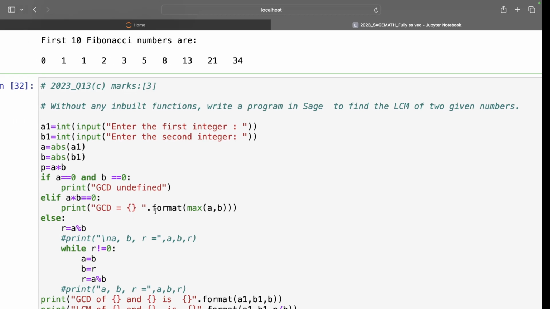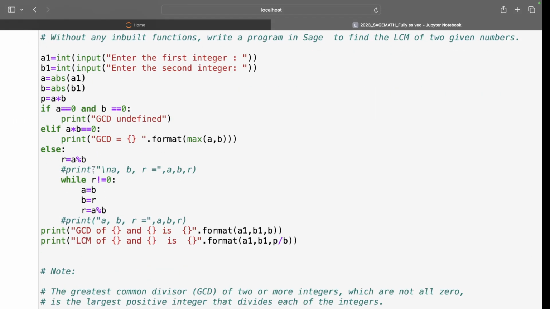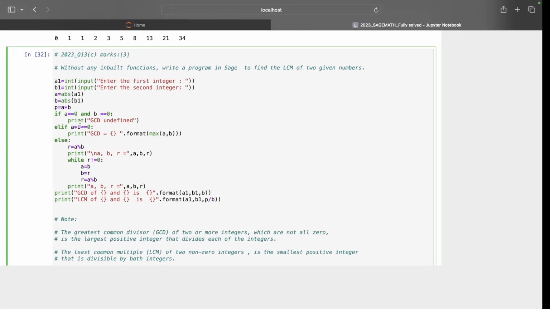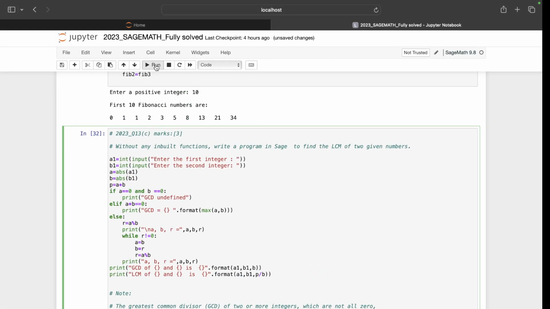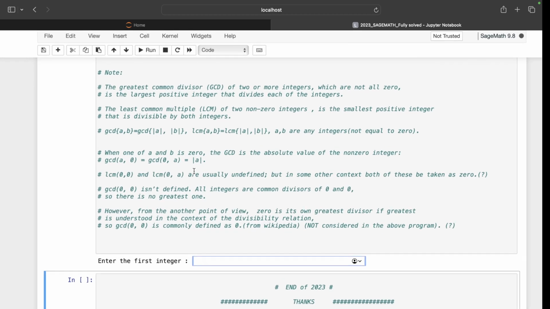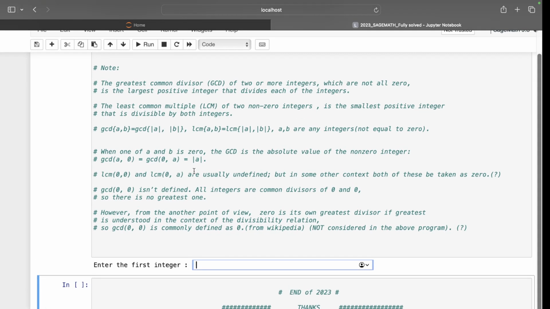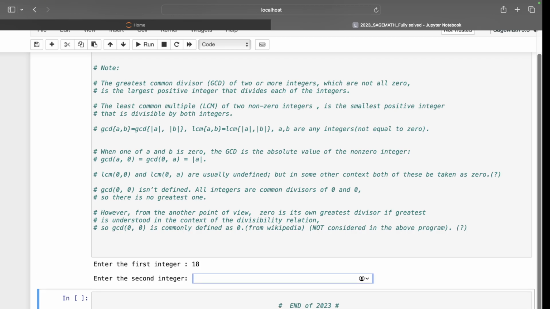Now if we remove this hashtag in the print line and run this program, first we input 18, next 12.